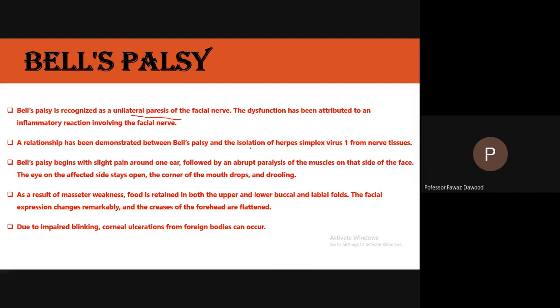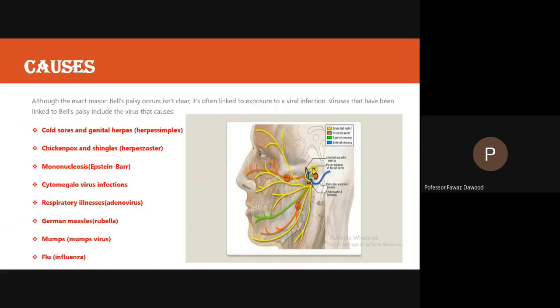Sometimes it may be associated with herpes simplex virus, or generally any virus, whether herpes simplex, herpes zoster, Epstein-Barr virus, cytomegalovirus, and other types of virus. If you take a history, you will find the patient had a previous viral infection near the area, in which the virus persists, and when the immunity of the patient is depressed, facial paralysis is acquired.